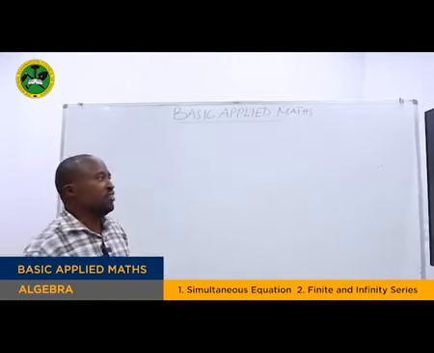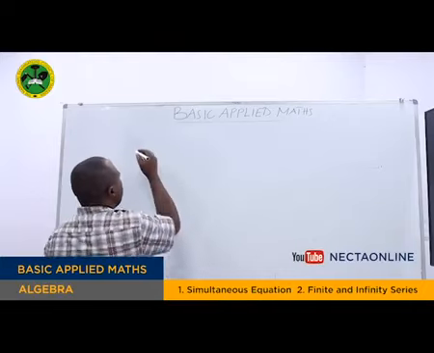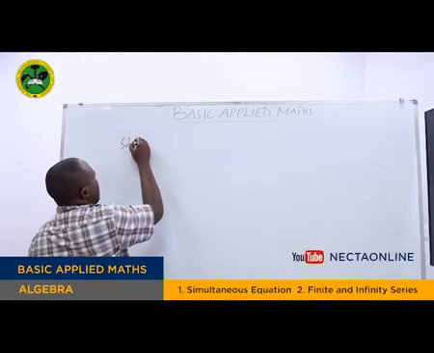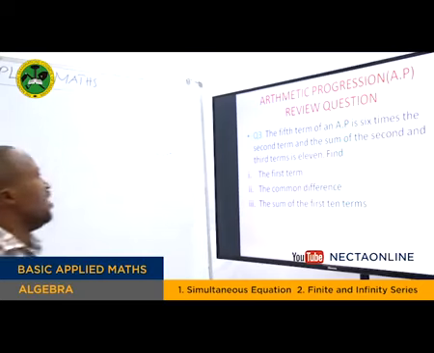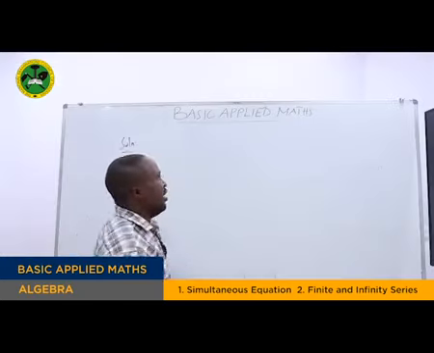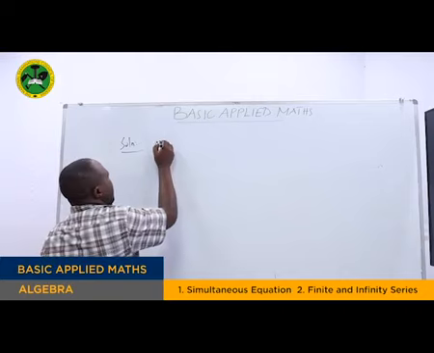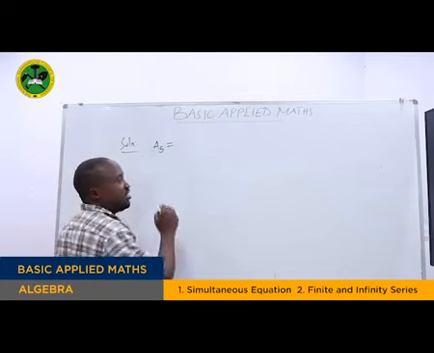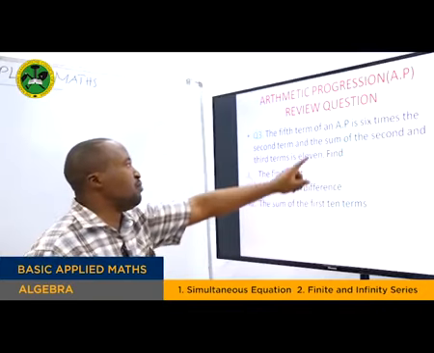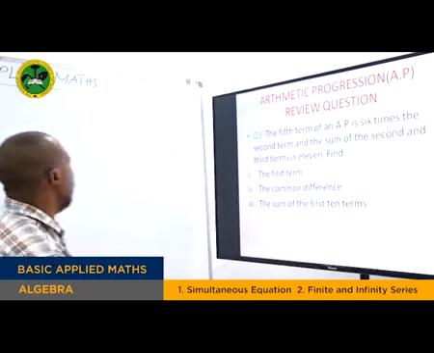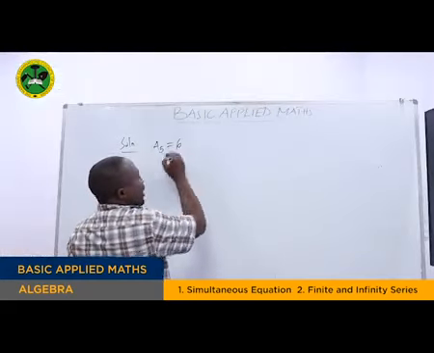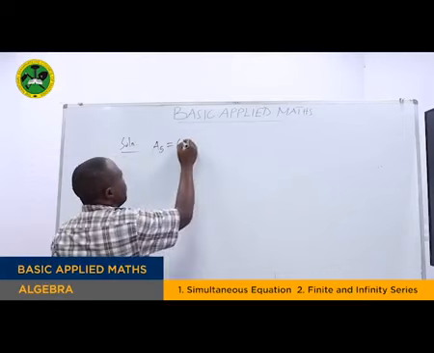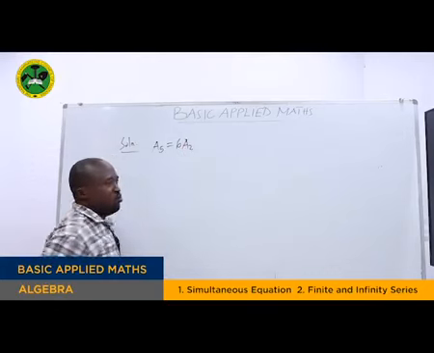So in our question, the question says the fifth term, suppose we have that is A5. That is, the fifth term of an arithmetic progression is 6 times the second term, that is A2.